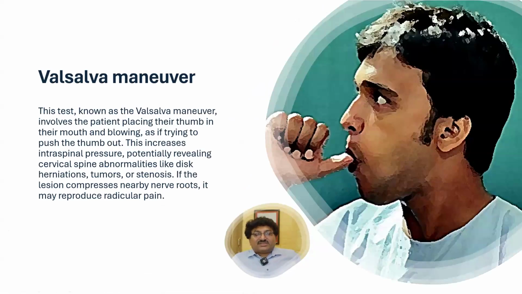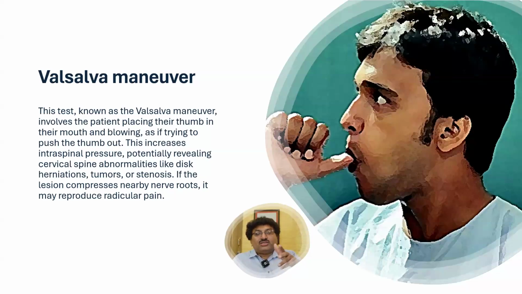Now, there are two tests mainly for the severe cases. One is the Valsalva maneuver. If there is a large radiculopathy, the Valsalva maneuver ideally should be performed by putting the intrathoracic pressure against the closed glottis, but it is sometimes very difficult to make the patient understand. So another common technique sometimes employed is the patient blowing from the mouth and putting the thumb there to stop.